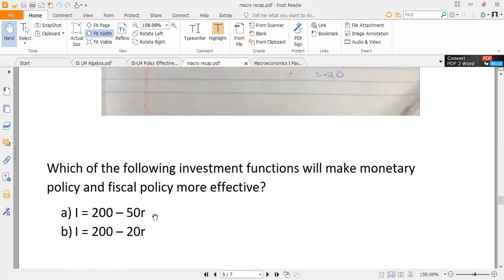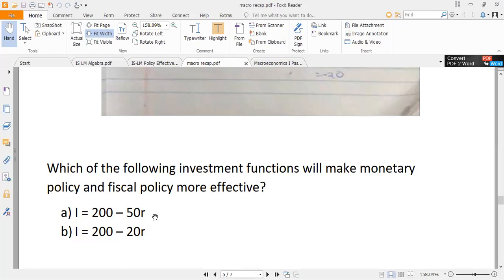And then when you go to monetary policy too, and the interest elasticity of investment, if they increase the money supply, their goal is to increase income. So if you increase the money supply, interest rate will fall.